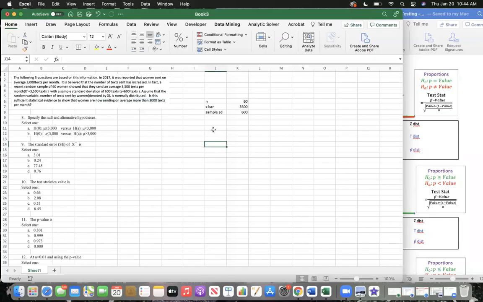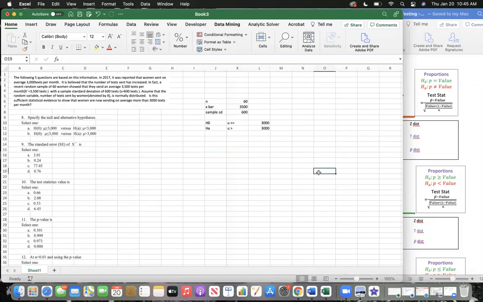So that means our alternative, HA, is mu is greater than 3,000. That means our null hypothesis, H0, is mu is less than or equal to 3,000. Our null always has equals in it, and it's the opposite of your alternative.